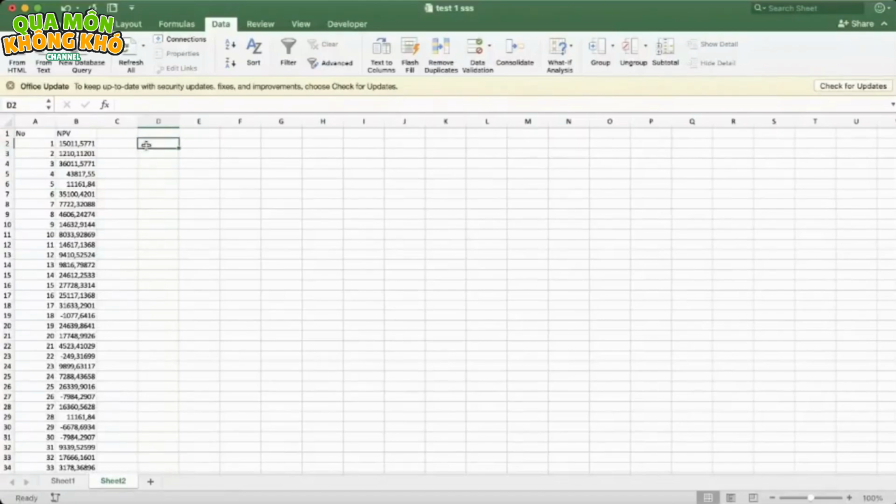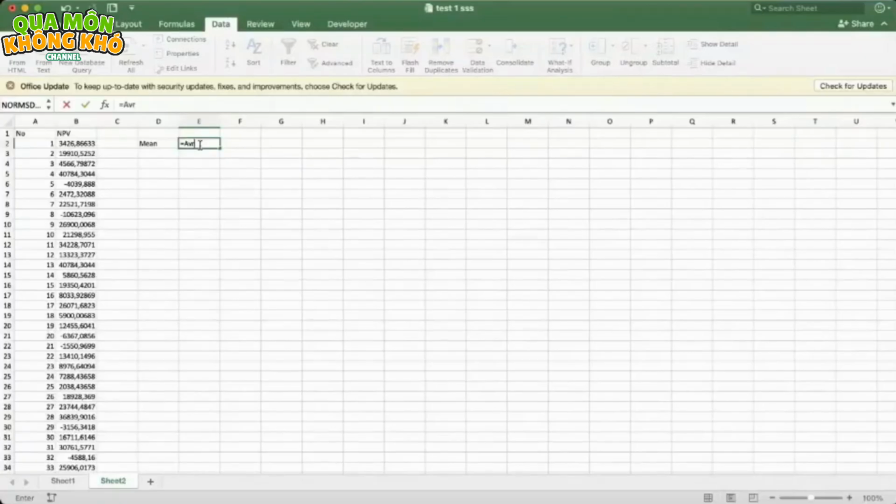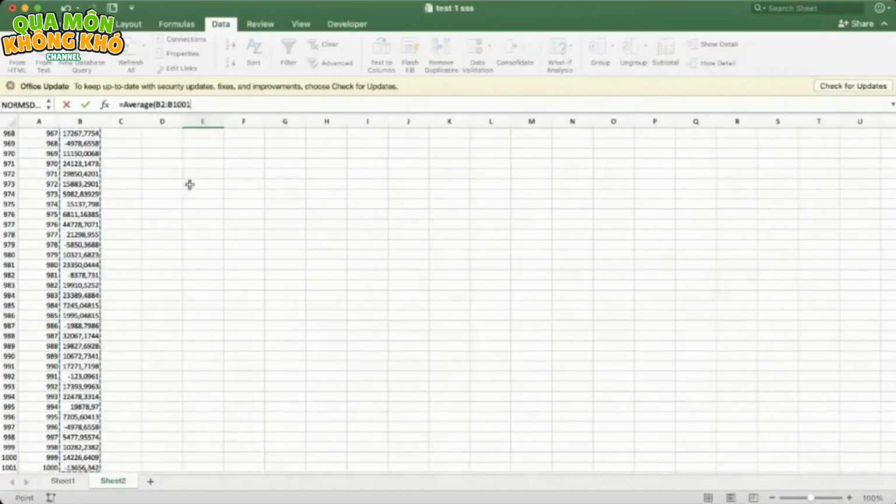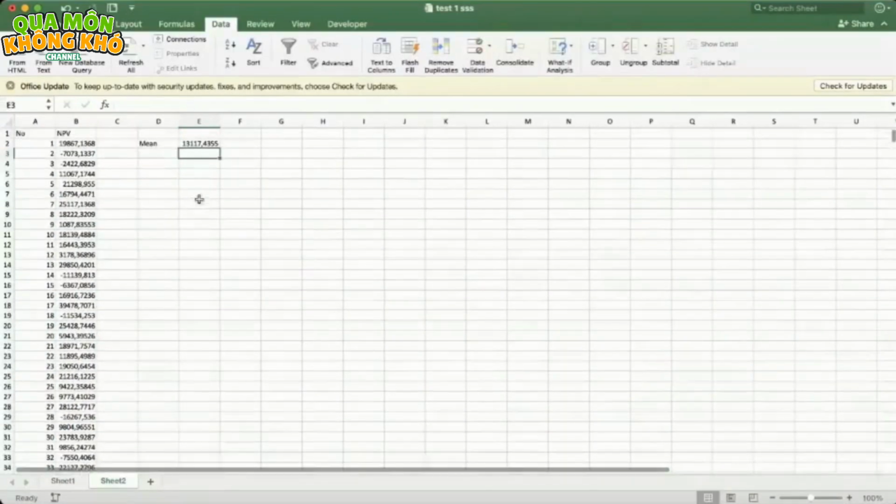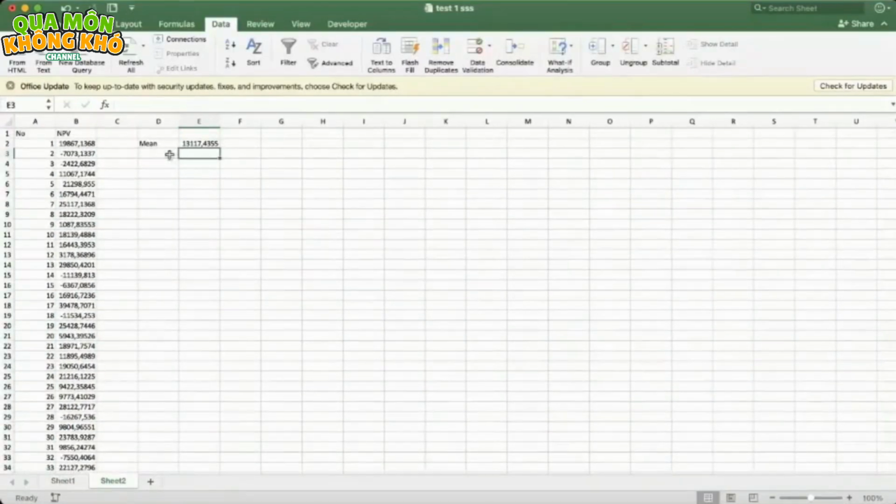From this we can easily get the mean. Here we use the average function. We will have the mean of the NBV values, which is the total average of the 1,000 steps.